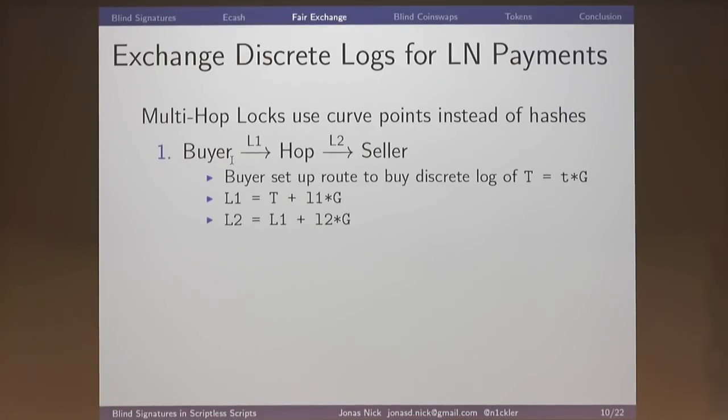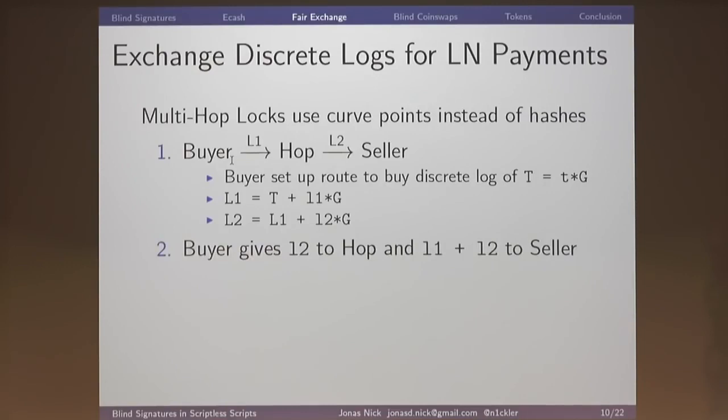So the first point, L1, is the point t, the point that the buyer wants to buy the discrete logarithm for, plus l1 times g, where l1 and l2 are just randomly generated numbers by the buyer, and L2 is just L1 plus l2 times g.